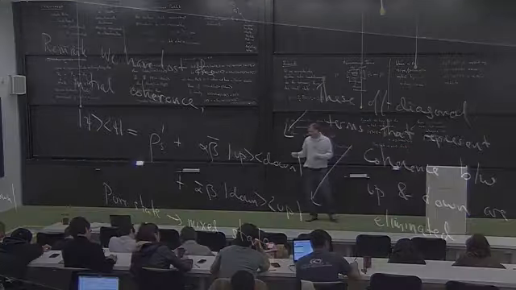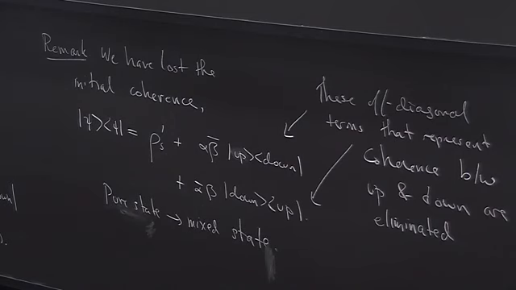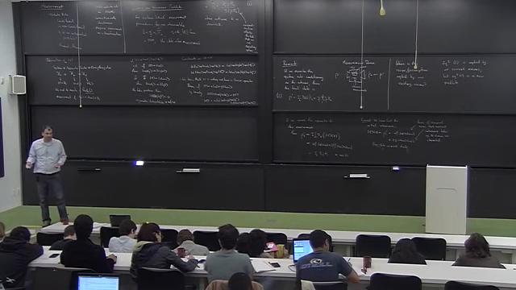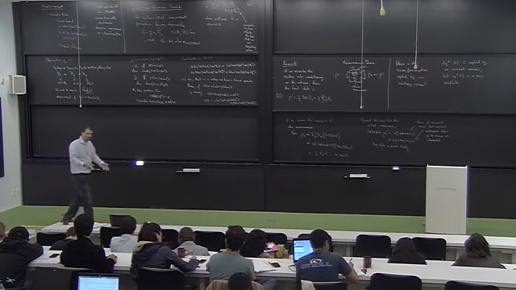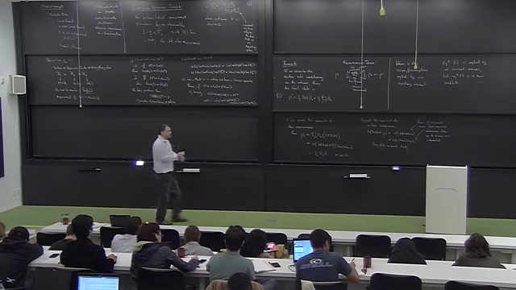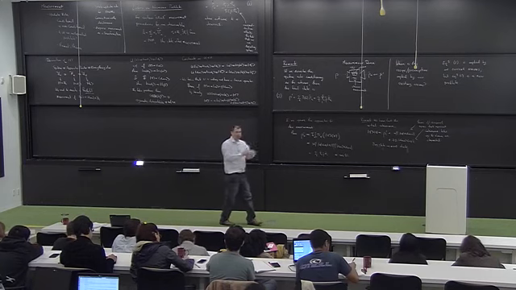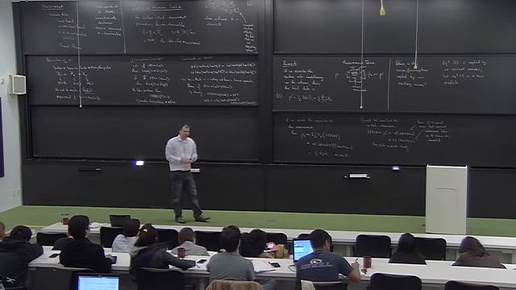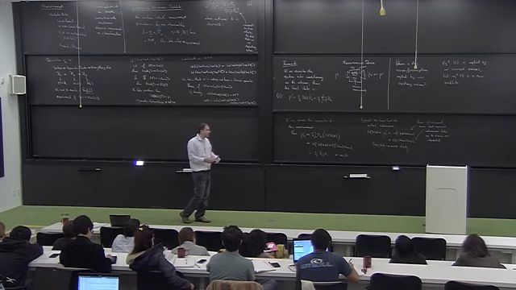Okay, so oftentimes you'll hear people talk about the environment measuring your system. People kind of abuse the concept of measurement and talk about interactions with stray particles that you didn't have access to that spoiled your experiment. People call that decoherence. People call that your system was measured by the environment.